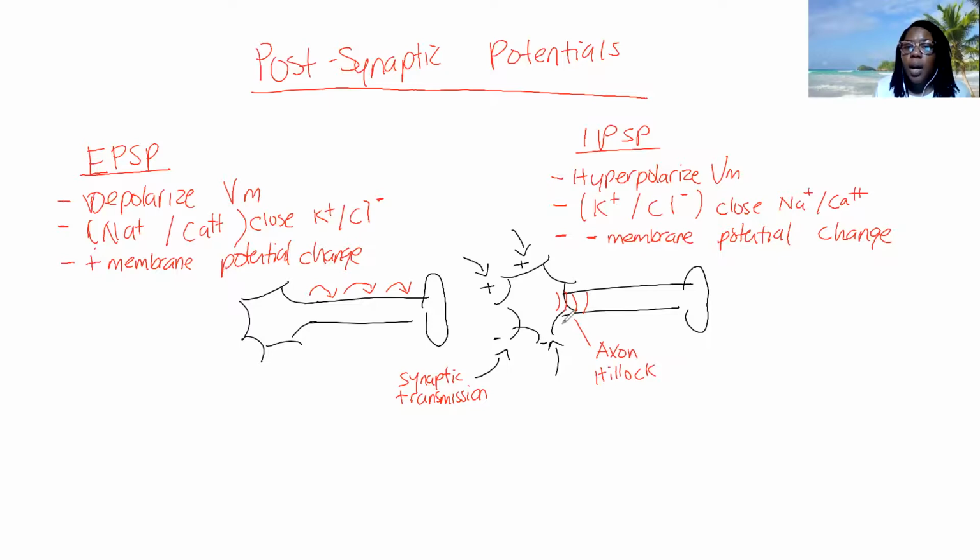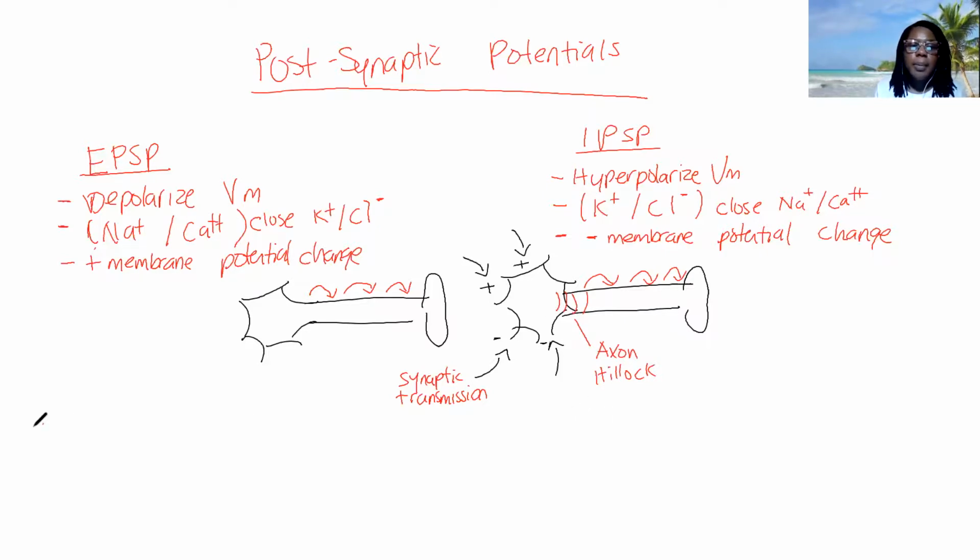Okay, and so that would also be assessed on the subsequent neuron at the axon hillock. And if we get to threshold, we would once again propagate an action potential down this neuron. And this is how this becomes the cyclical process of action potentials, neurotransmitter, action potentials, neurotransmitter, et cetera, et cetera.